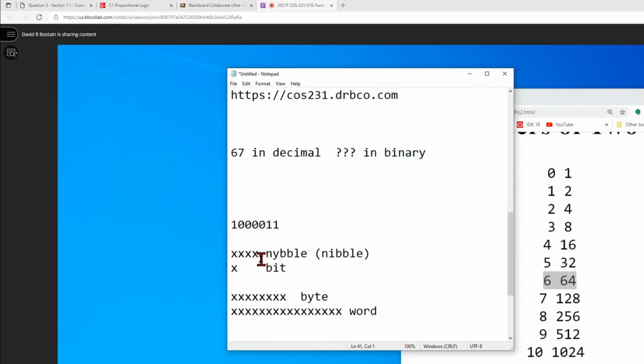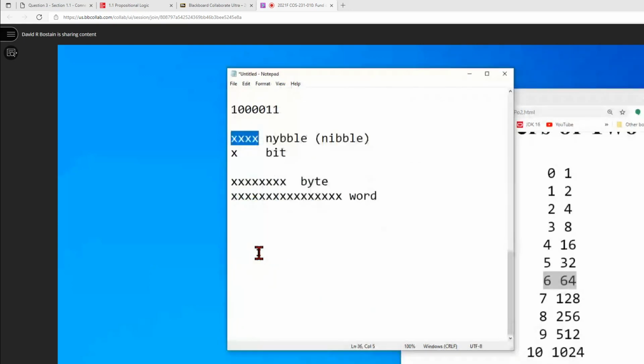And we'll learn when they're called that, when they're not. But in general, we should be able to look at a bit, see it's 1 or 0, make a determination about something. Same thing with a nibble, which is half of a byte. That's why it's called a nibble. We should be able to look at those 4 digits, and we should be able to determine what its value is fairly easily.